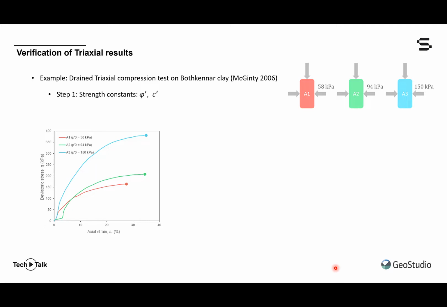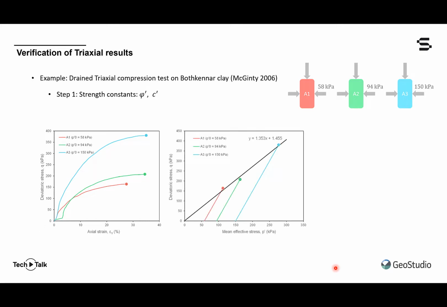The failure state of each test can be represented as a single point in q-p space. And then a failure line can be passed through these points, and the slope and intercept can be determined using a trend line or the least squares formulas presented earlier. In this case, we see that M, our slope, is tan beta, and that's 1.353, and the intercept is a negligible but non-zero deviatoric stress of 1.455.